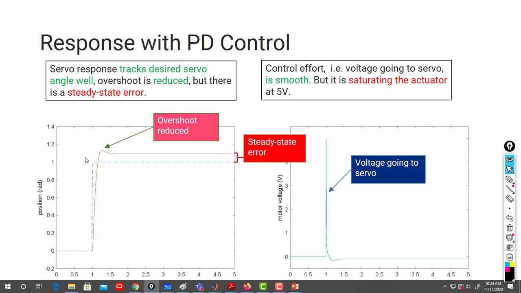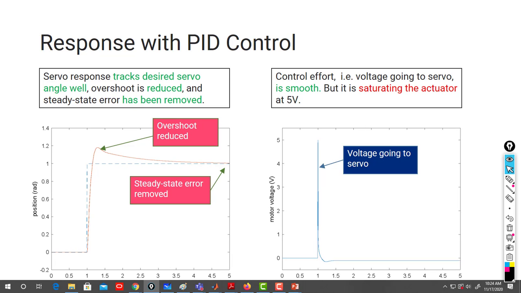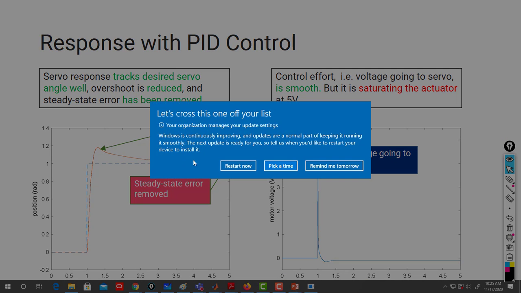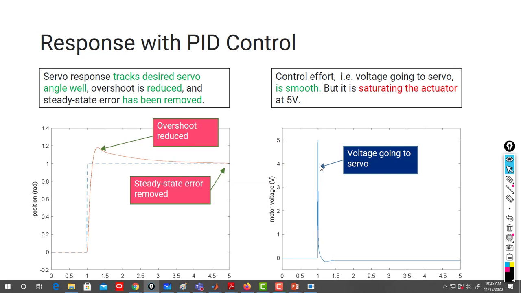So you eliminate this overshoot, but it's saturating the actuator. What's the cost of saturating your actuator? Then adding integral now. What happens when I add integral? It eliminates the steady state error. Right, that's the important part. And still the actuator is saturating. So that's the effect.